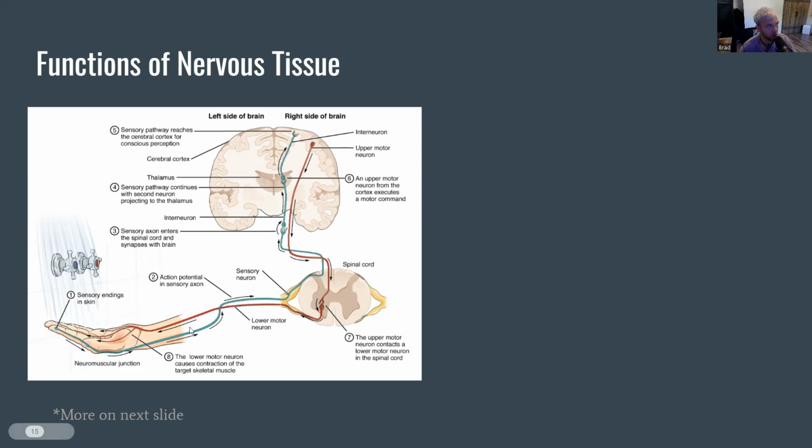This is the cell body of this sensory neuron, all the way back here, and then it's going to transmit down its axon all the way to the central nervous system. So it's picking up the signal here and transmitting it all the way to the cell body.